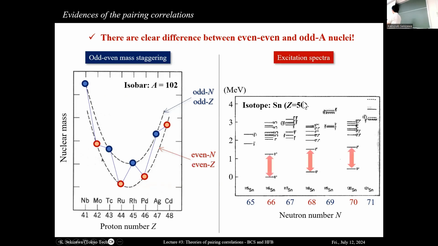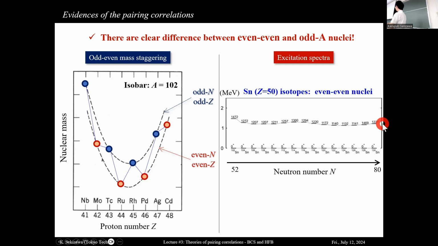But in the case of the neutron numbers, for even nuclei, as you can see, there are energy gaps. And in the case of odd mass nuclei, you can see a lot of energy levels on top of the ground states.